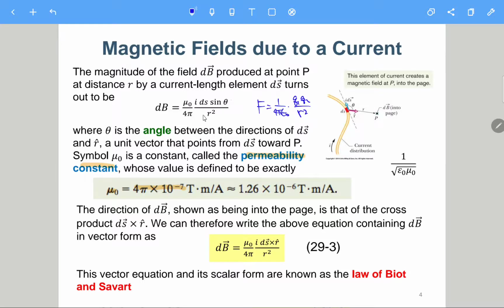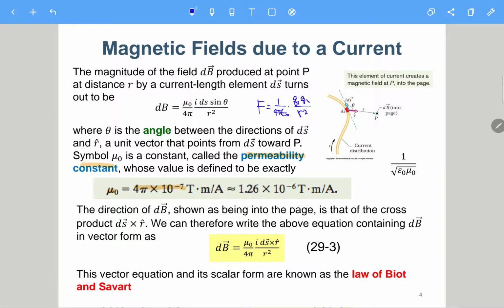So here you also see r squared, but for the Coulomb force you have 4 pi epsilon naught at the bottom, while here mu naught goes to the top rather than staying at the bottom. And we still have this part. And as you can see here, we have sine theta, so you can simply imagine it would be related to a cross product.